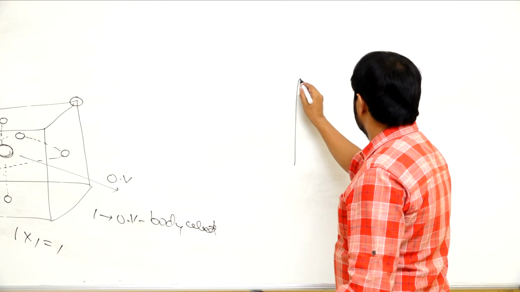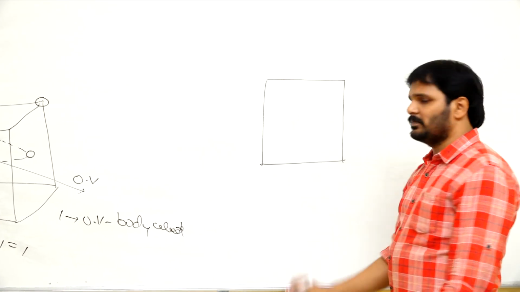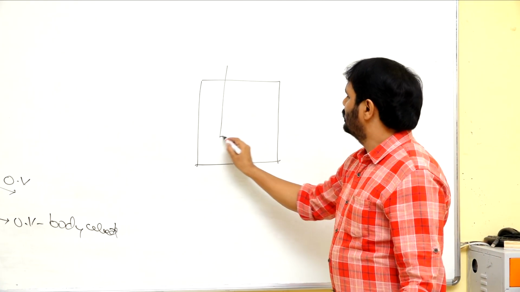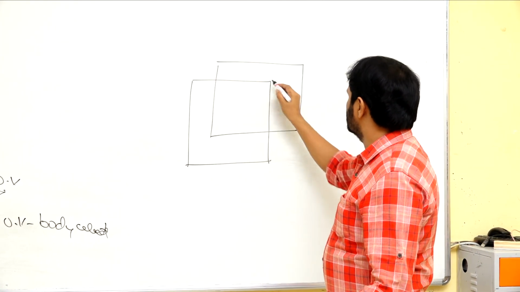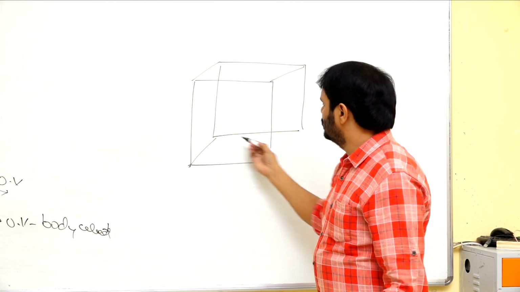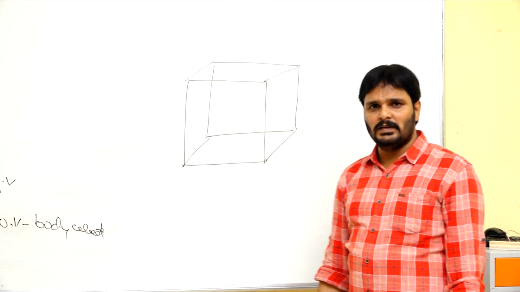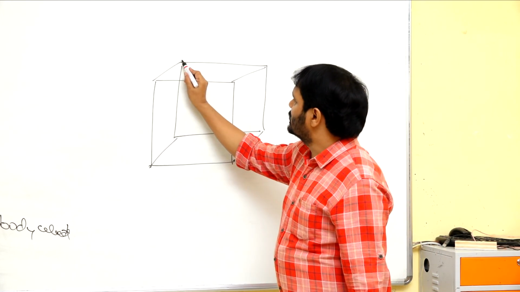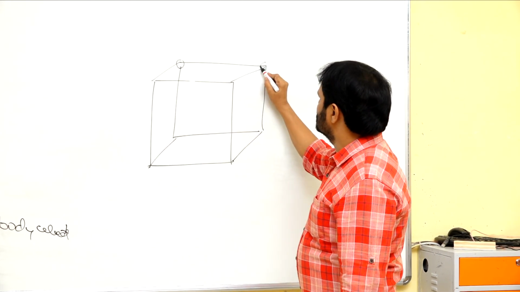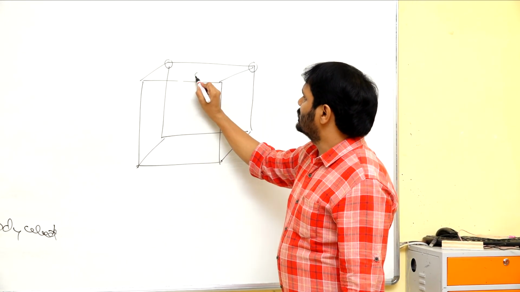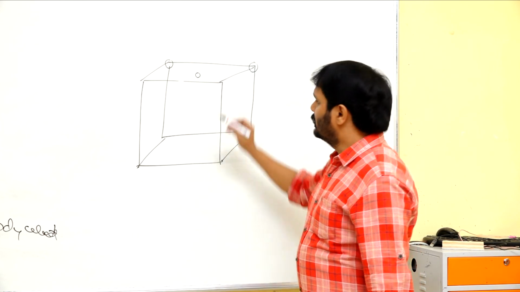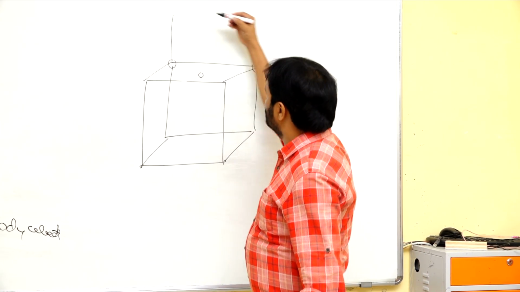So again I am drawing FCC. Now this is the FCC structure. At other places also you can find. Now this is a corner atom. This is a corner atom. This is a face atom. Now this unit cell is sharing with the other unit cell.